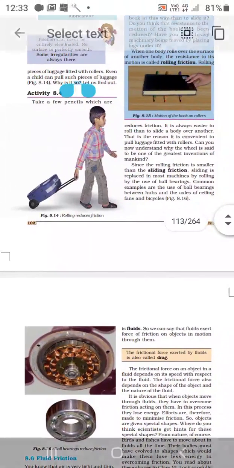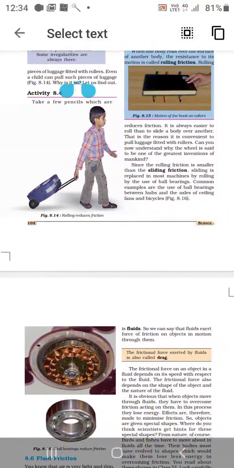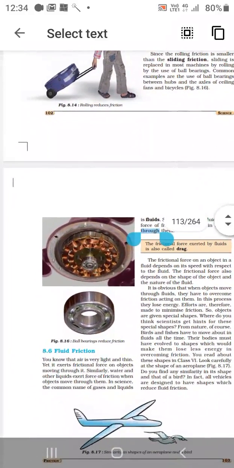Rolling friction is smaller than the sliding friction. Sliding is replaced in most machines by rolling by use of ball bearings.